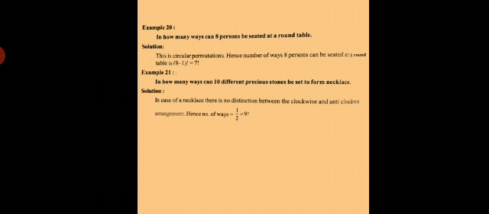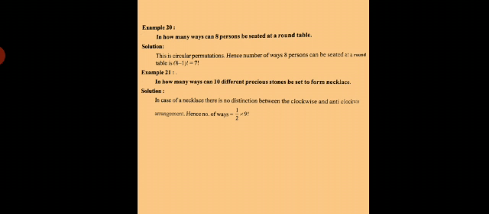Okay, now here in next question, in how many ways can 10 different precious stones be set to form necklace? So here see students, n value is 10 and n different precious stones we have.